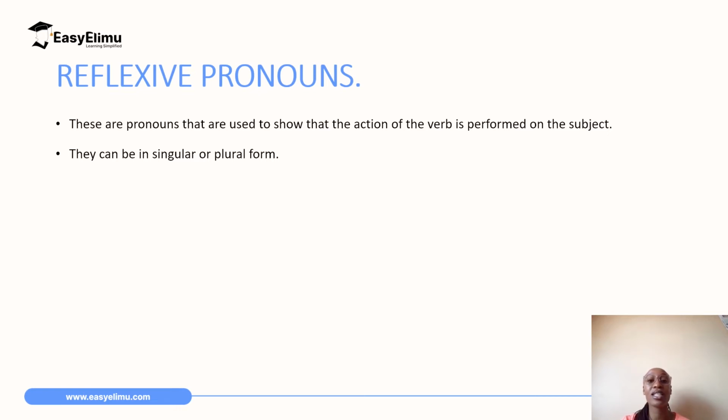The last category of pronouns is reflexive pronouns. And these are pronouns that are used to show that the action of the verb is performed on the subject. So before we continue with reflexive pronouns, let us first of all define what is subject and how to identify a subject in a sentence.